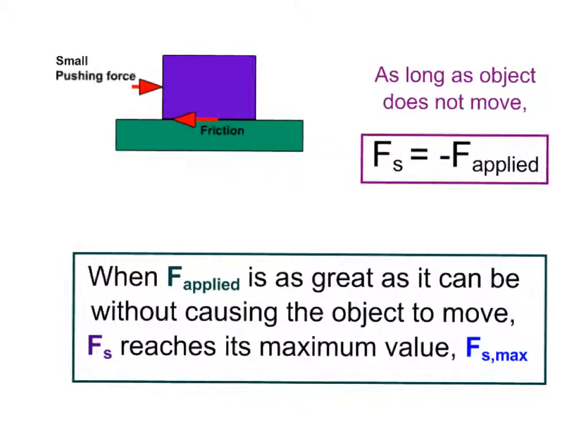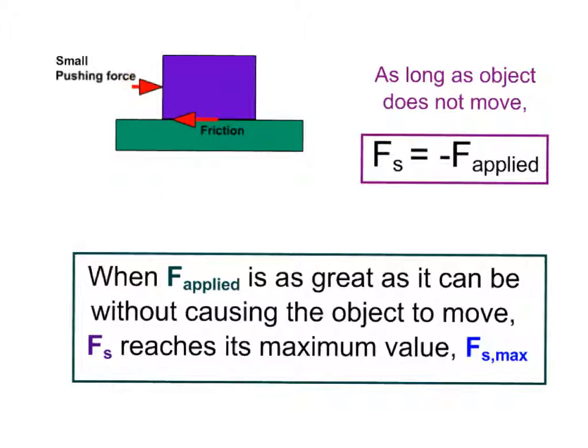So as long as our object does not move, the force of static friction is equal to the negative of the applied force. So whatever our applied force is, the force of static friction will be exactly equal and opposite. This diagram doesn't exactly show that. It shows the static friction as being a larger force.